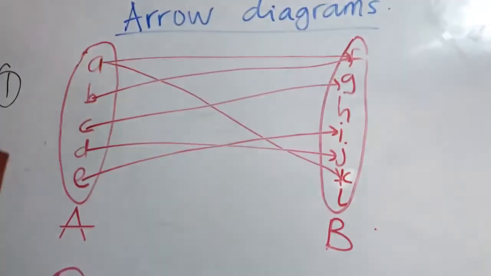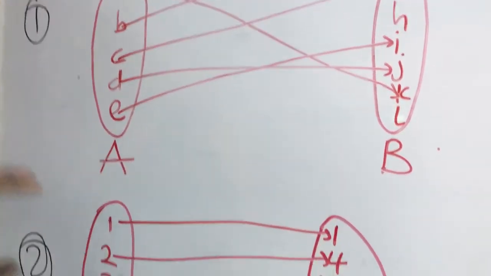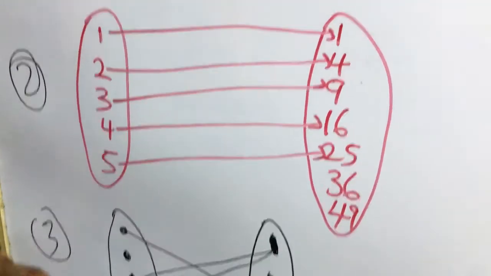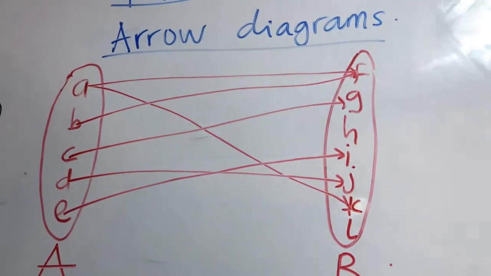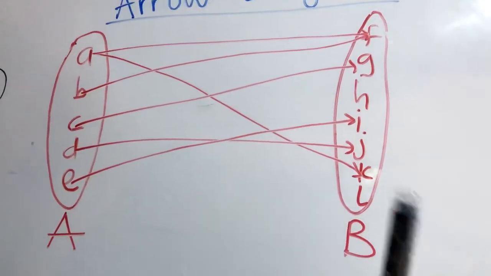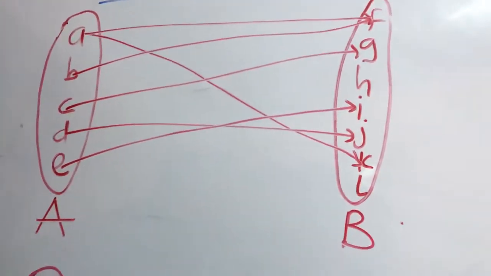So now here is the arrow diagrams. You can see that is diagrammatic representation of function. So we want to check if all these are functions, we want to show which one is a function and which one is not. Now let's check for number 1.